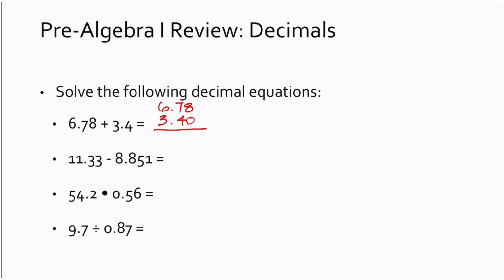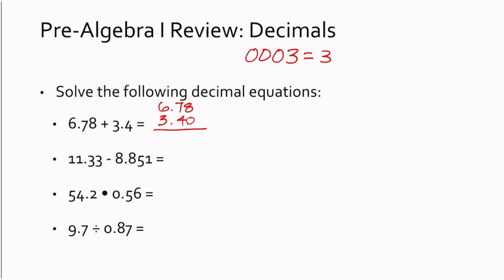Just like with anything to the left of the decimal point, with those whole numbers, I can put as many zeros before it as I want, and it doesn't change the value, right? If I say 0003, that is the exact same thing as 3.